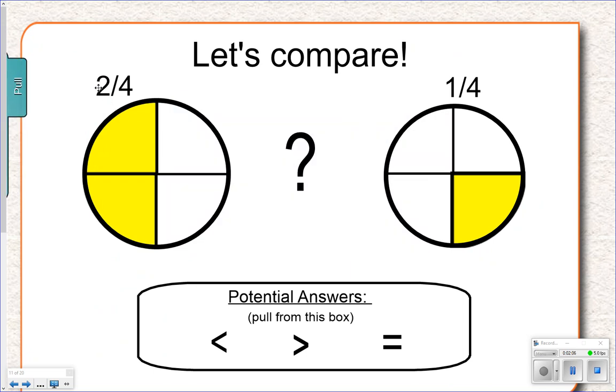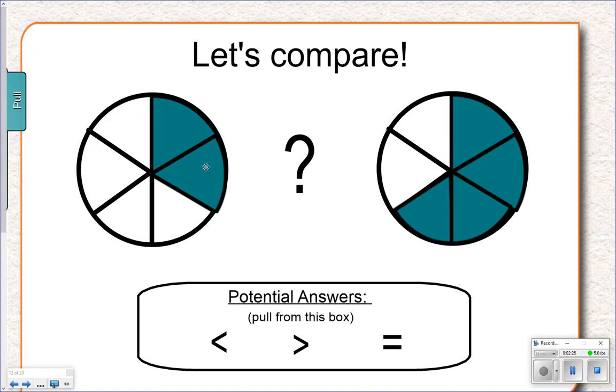Which numerator is bigger, 2 or 1? Yes, 2 is bigger, so 2 over 4 is greater than 1 over 4. The yellow part here is bigger than the yellow part there, so this fraction is bigger.